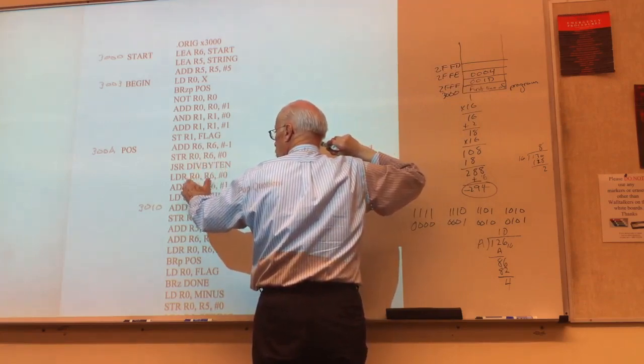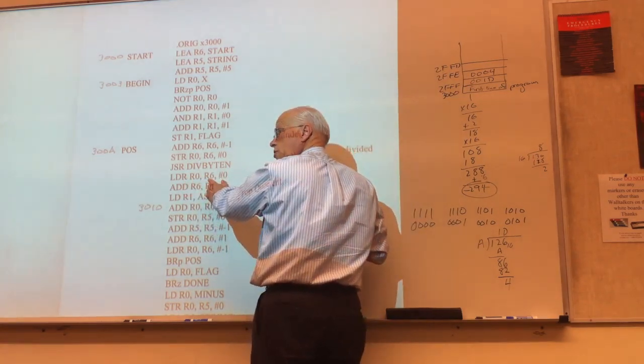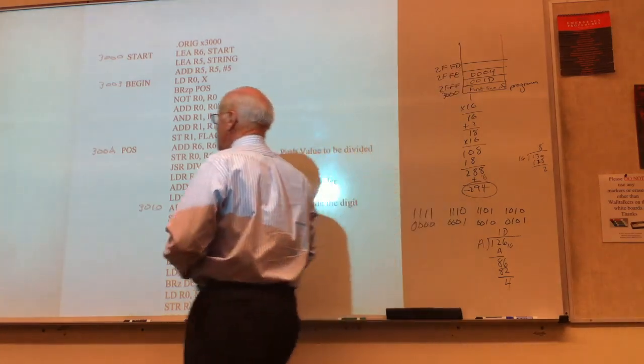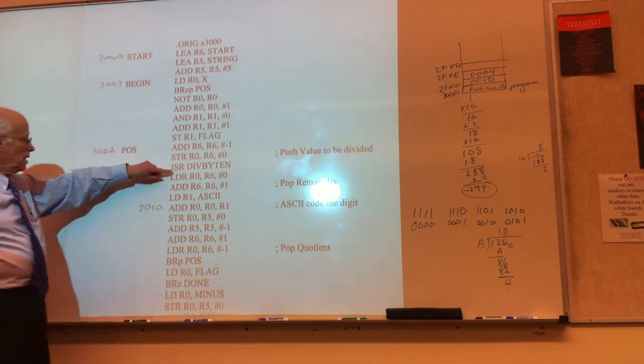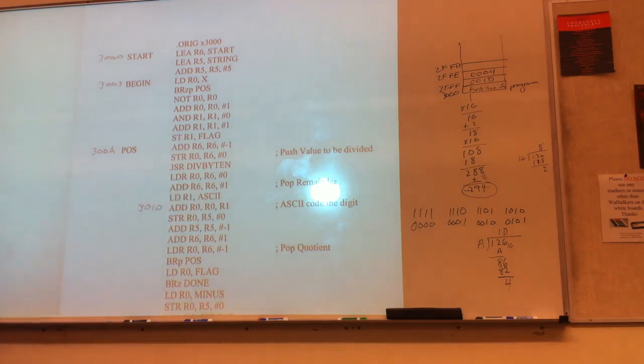So now this says load register 0 using register 6 as an address, offset 0. So we load register 0 from here, we get a 4. Add 1 to register 6, so now we're at 2FFF.